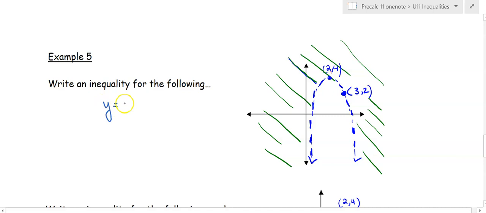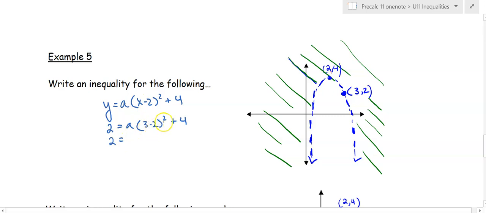You would go y equals a, plug in your vertex, (x minus 2) squared plus 4. Now I'm going to borrow a point along my parabola, (3, 2). I'm going to put 2 in place of y, I'm going to put 3 in place of x, and I'm going to solve for a.